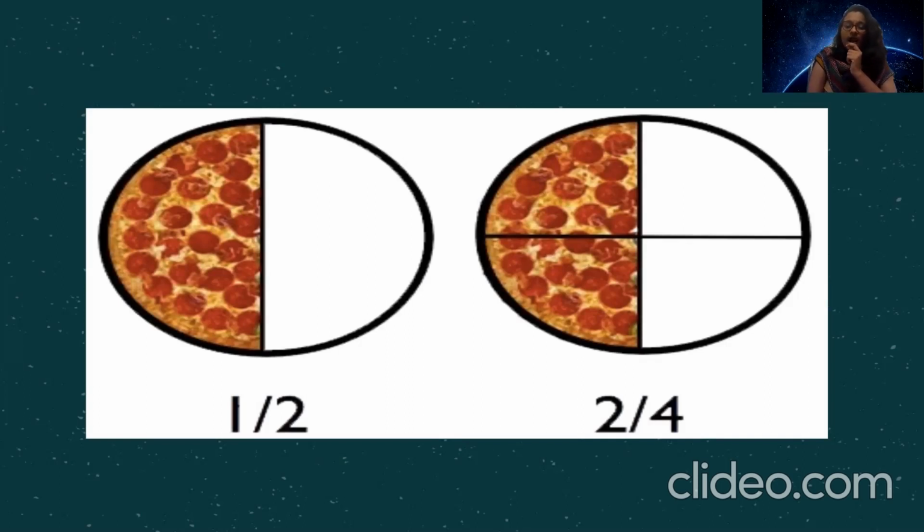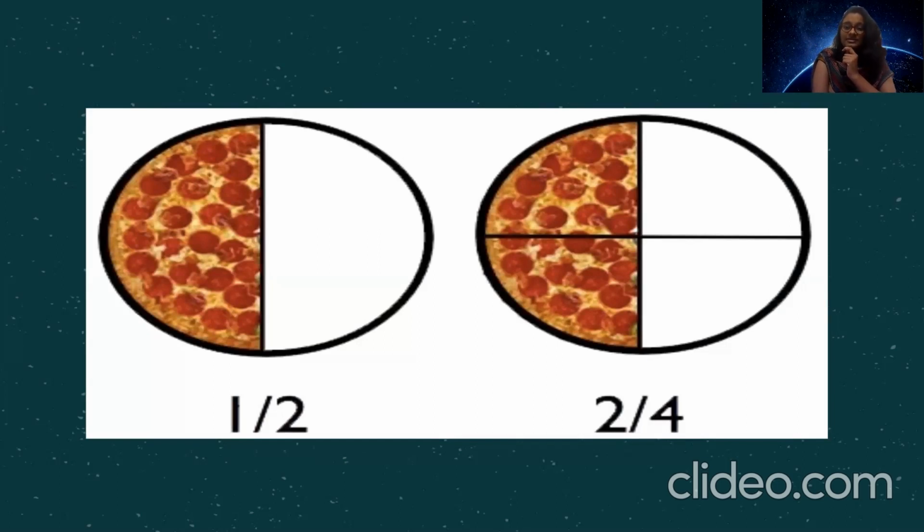And I took 2 pieces from it and I ate it. How much is left? 2 pieces of 4 is left. In the first and the second, the same amount of pizza is left. That means here 1/2 is equal to 2/4.